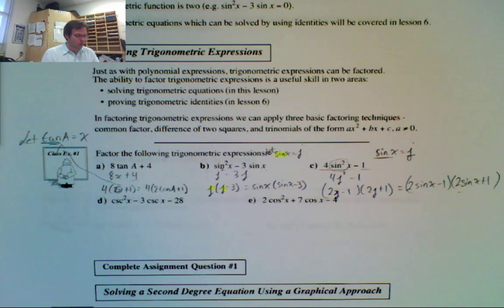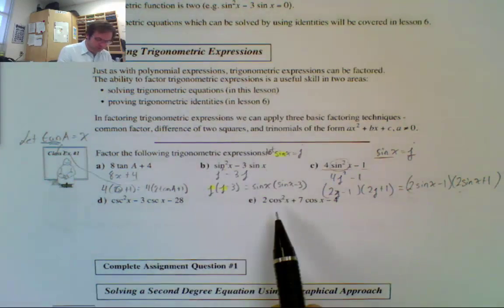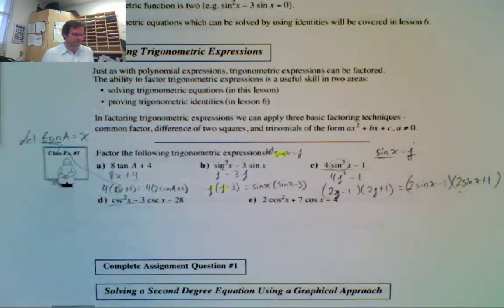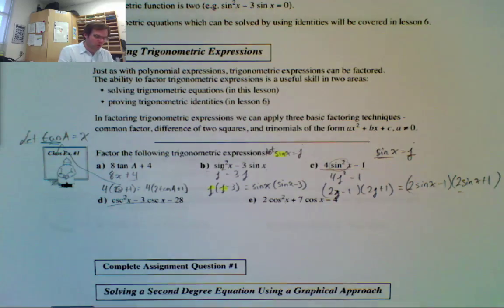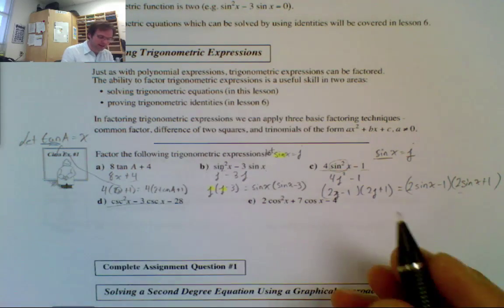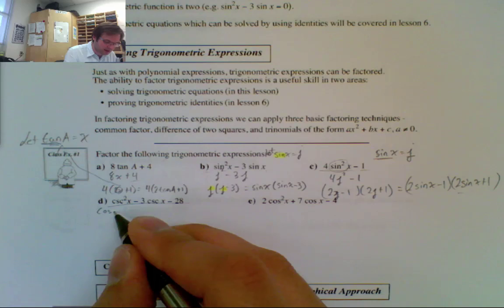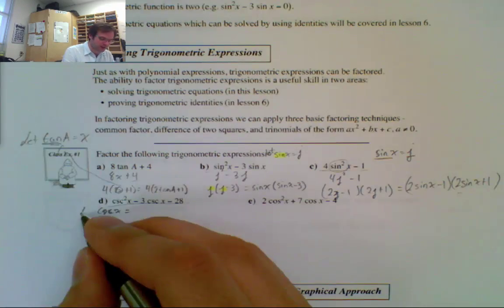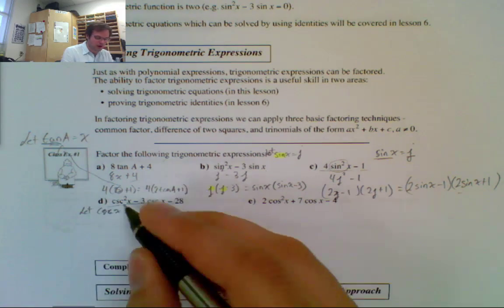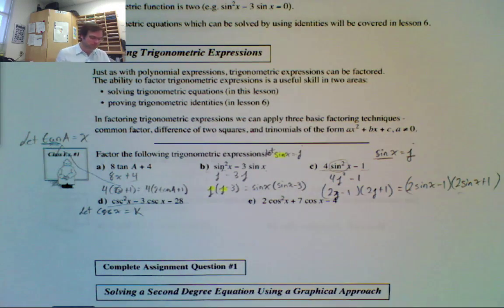So I'm going to do one more here for us. Let's take a look at this one here. Okay, so we want cosecant of x. I'm going to let cosecant x equal k. Okay?